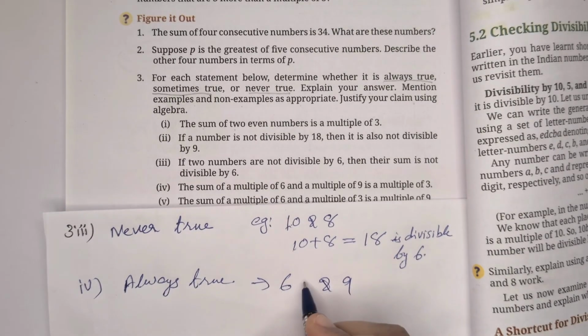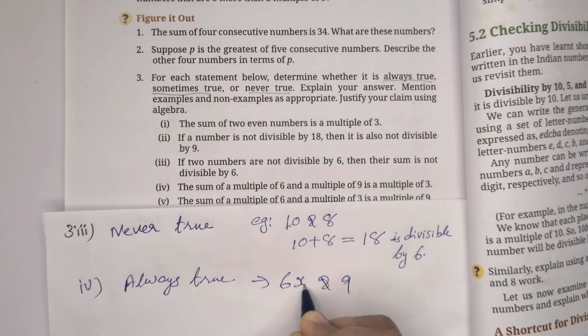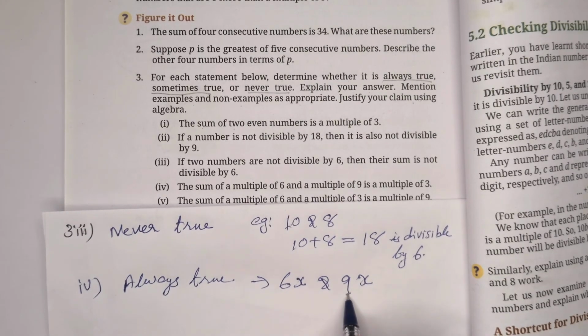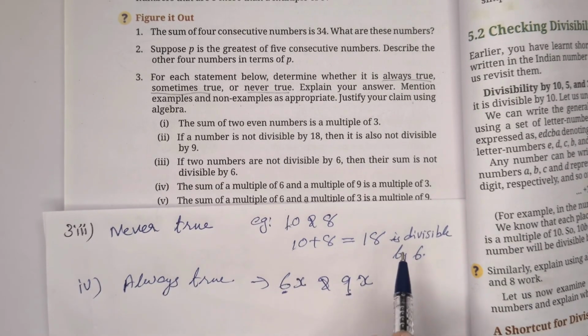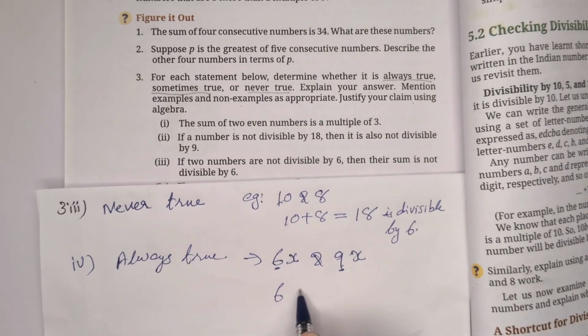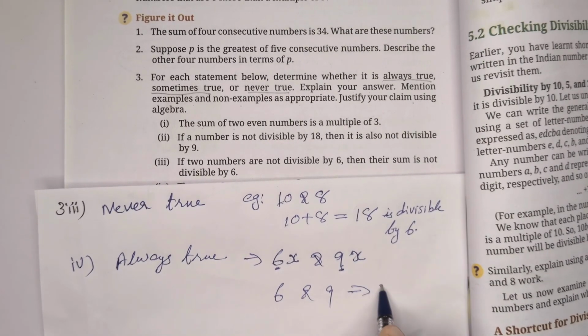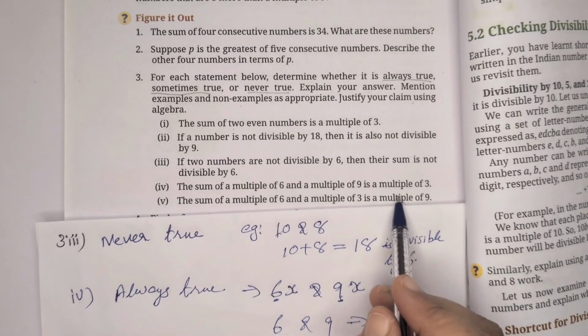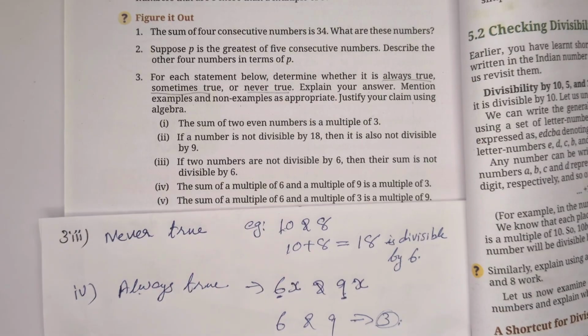So a multiple of 6 means, for example, 6x, and a multiple of 9 is also any other number or variable, whatever, multiplied by 9. 6 and 9 are multiples of 3. We can divide 6 by 3, 9 also by 3. So when we are taking 6 and 9, 3 is a common factor. So the result also will be a multiple of 3, or divisible by 3. So we can write that it is always true.